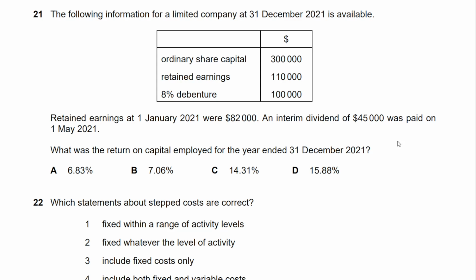Return on capital employed is profit before interest and tax over capital employed. In this case, what is the capital employed on 31st December? Okay, so these two will be part of capital employed because that's capital plus. Well, there are no non-current liabilities, so we just add up the capital.